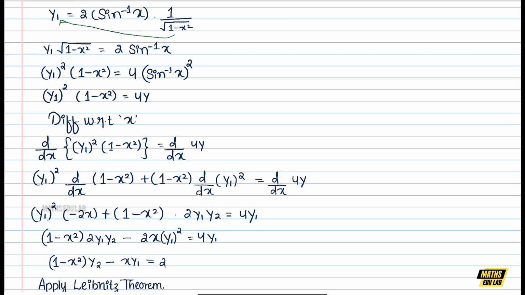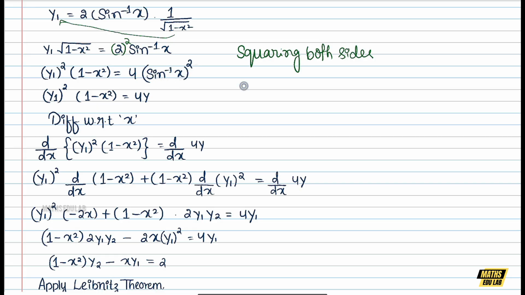Then in this step also, to remove the root value, we will apply the square. So squaring both sides, you will get the value as y1 whole square times 1 minus x square is equal to, on squaring this you will get the value as 4 sine inverse of x whole square.